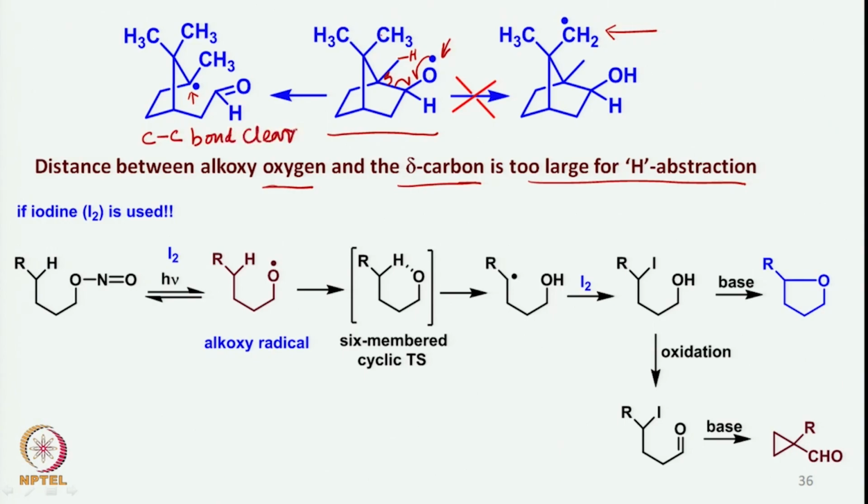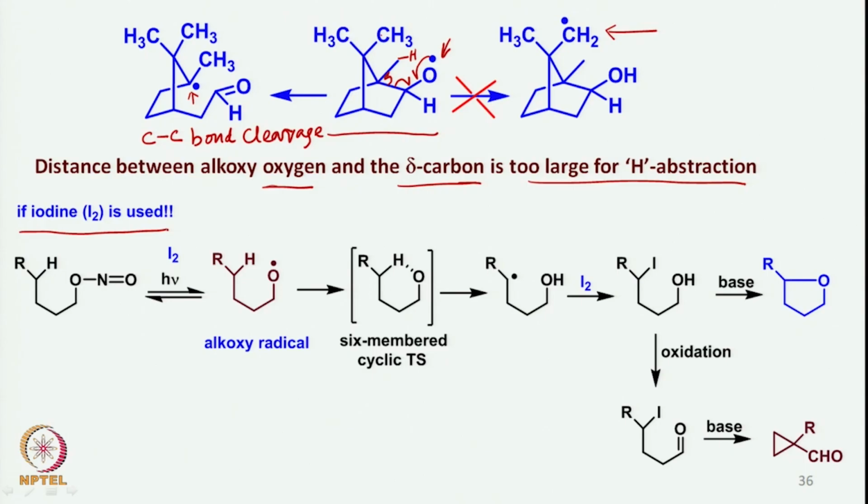Now, because you have provided energy to the molecule and you have generated a radical, there is a cleavage if there is no abstraction of the hydrogen. If we use iodine in the reaction medium, as we discussed in the last part, the nitroso radical attaches to the carbon and then the CNO bond is formed.